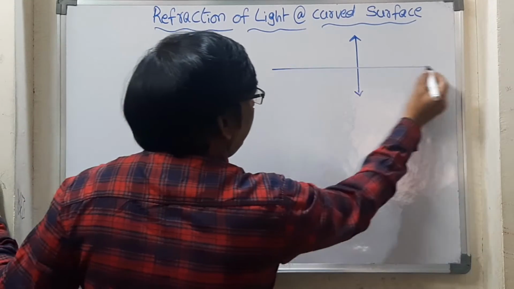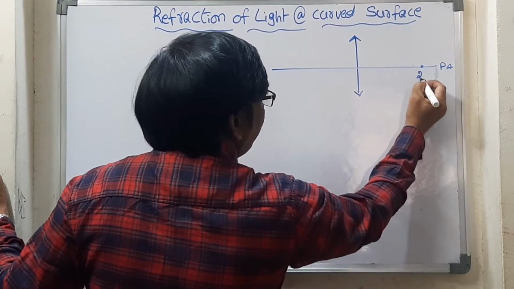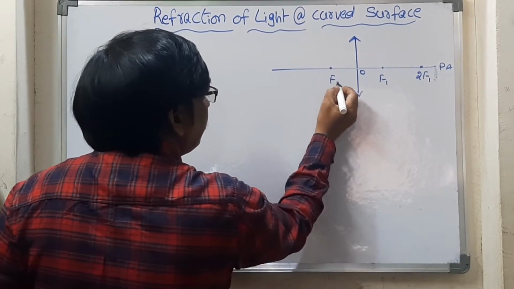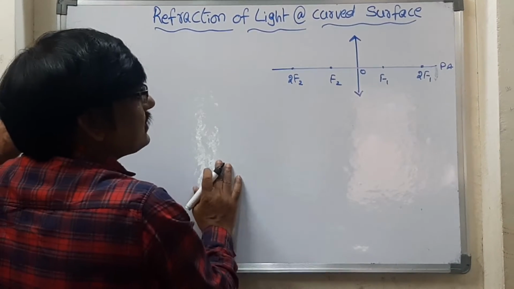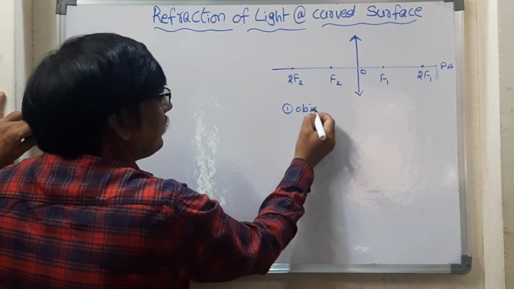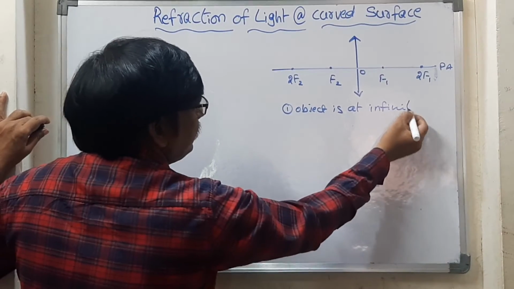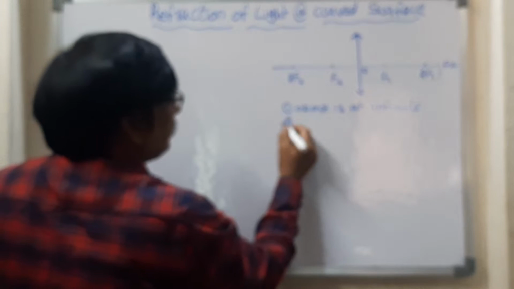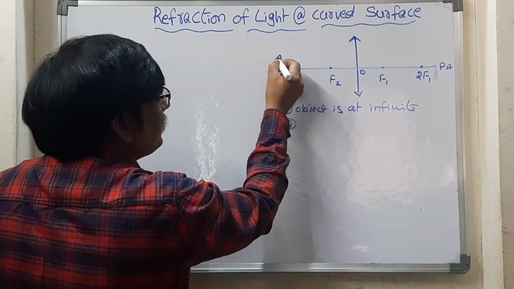This is the convex lens, this is the principal axis, 2f1, optic center, f2, 2f2, and now let us discuss the situations. The first situation is the object is at infinity, somewhere the object will be, that is the first situation we will draw. The second situation is that here is 2f2, and here we will place the object.